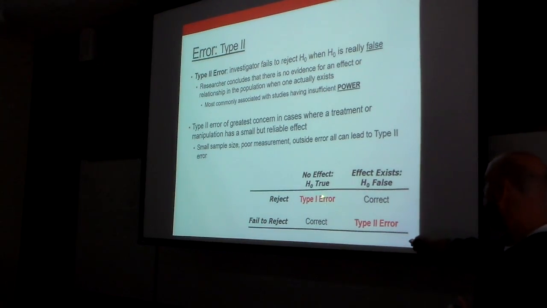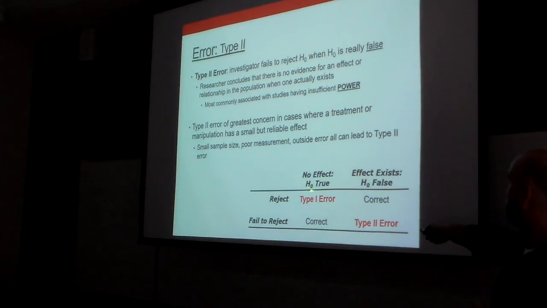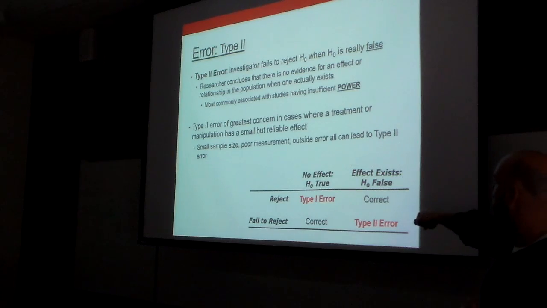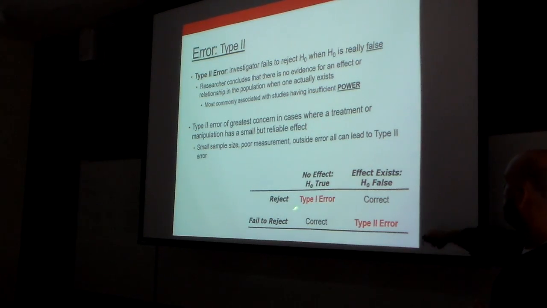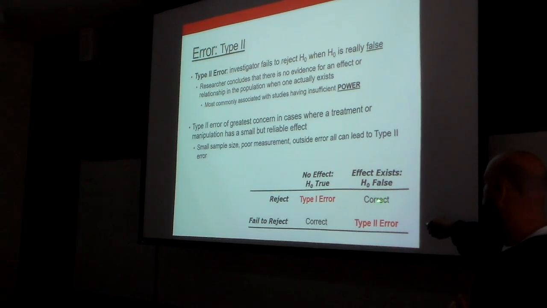So if we're looking at this, no effect, and in actual fact, this is what happens. There is no effect. The null hypothesis is true, and you reject the null hypothesis. We made a type 1 error. But if we reject the null hypothesis and the null hypothesis is false, then we're good, right?